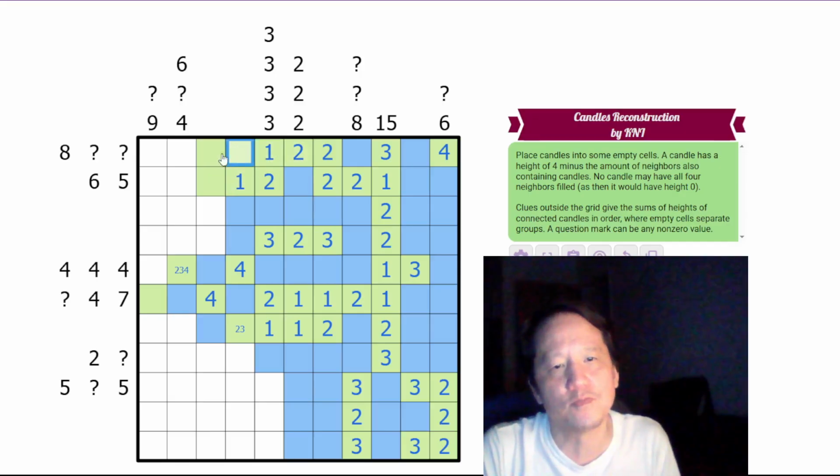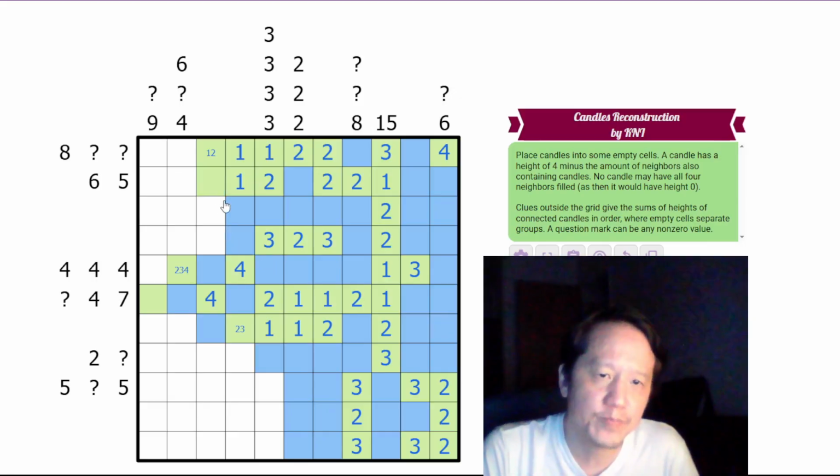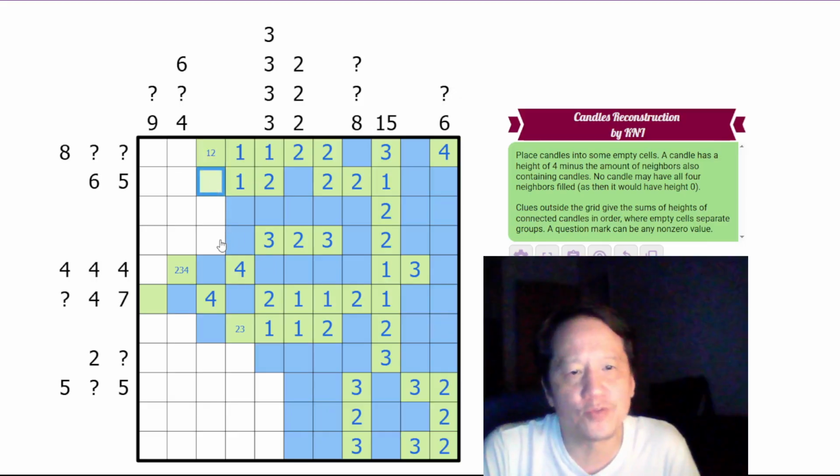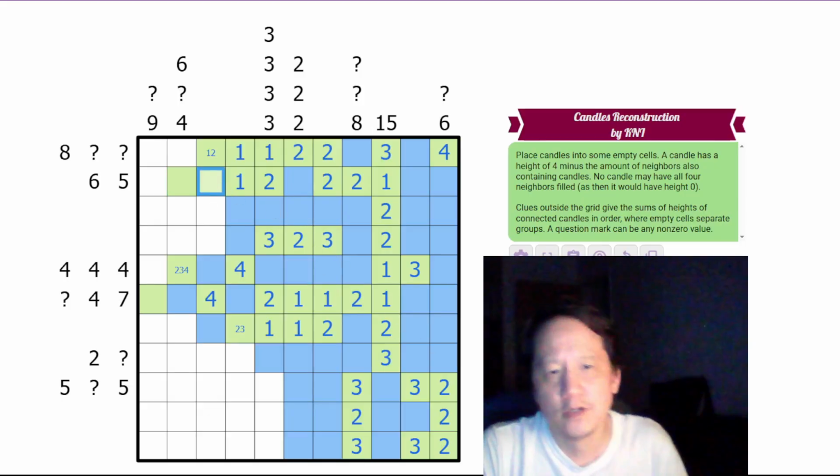So this has 3 neighbors with candles, so this must be 1. This has 2 neighbors with candles, so it could be 2 or 1 here. This cannot be 3 because it has 2 neighbors with candles. So then this must continue on here. So this has 3 neighbors with candles, so this is 1, which makes that blue.